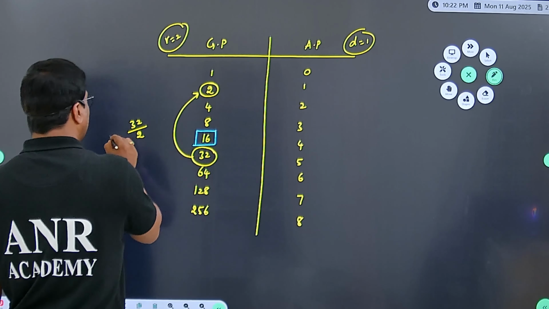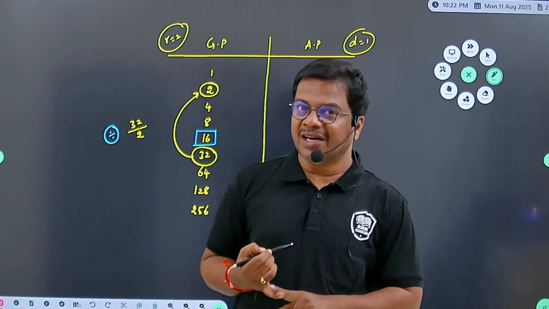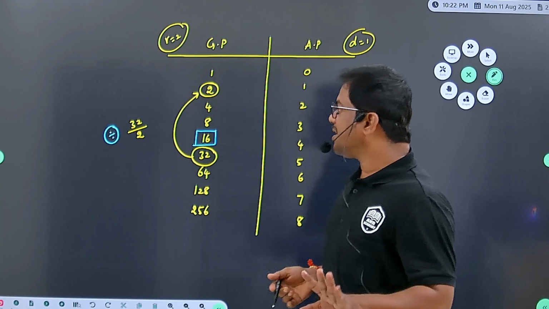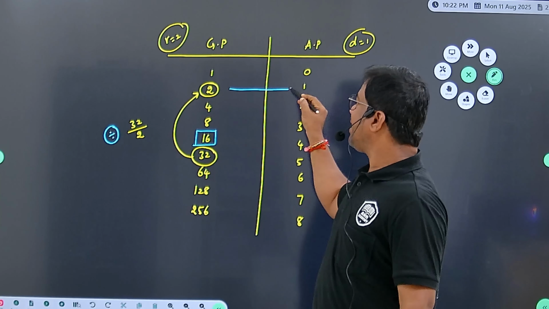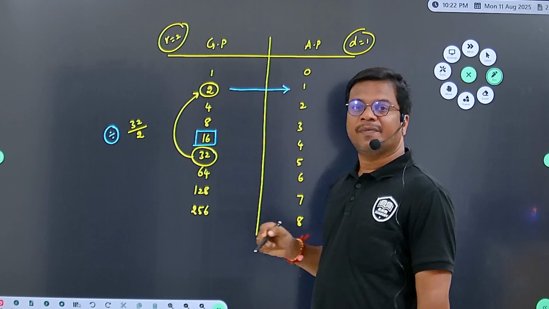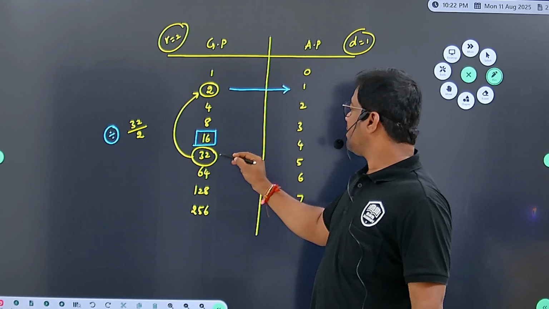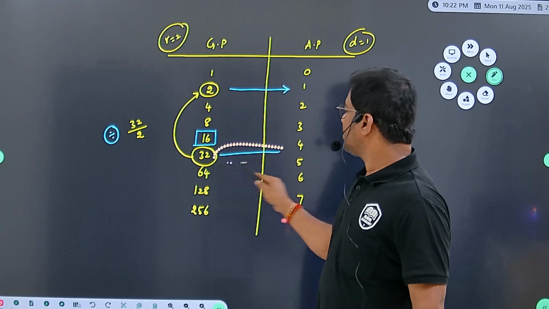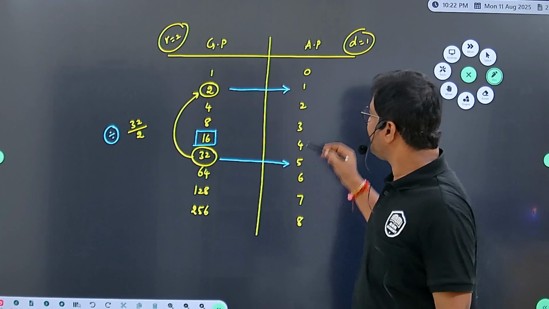Suppose there are large numerals and you feel difficulty to divide those numbers. In such cases you follow like this. Write the corresponding entry in the second column, which is in arithmetic progression. Next, here it is 5.